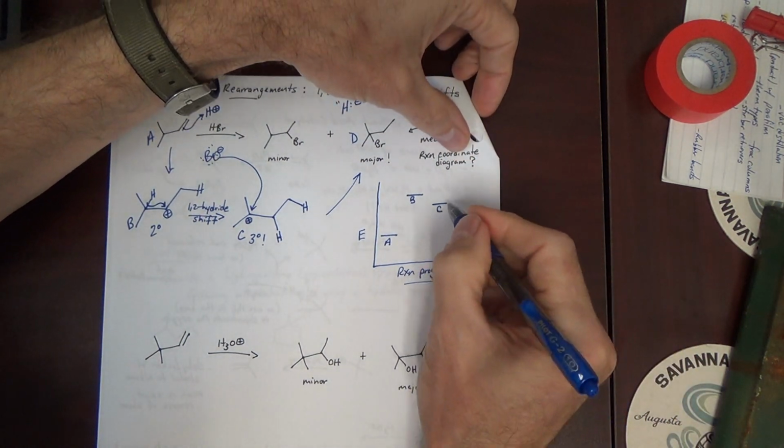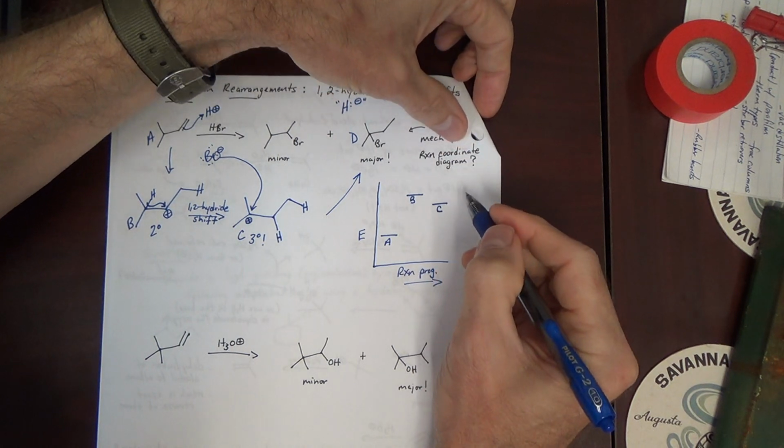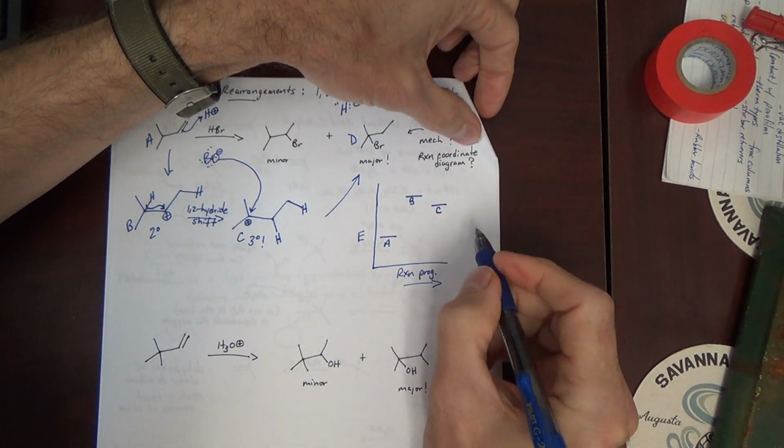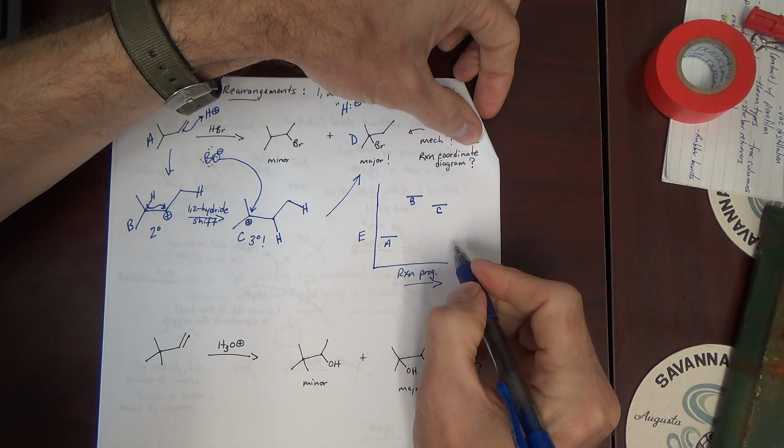Then bromide attacks C to give the final product, and the final product is neutral again, and is actually lower in energy than A.